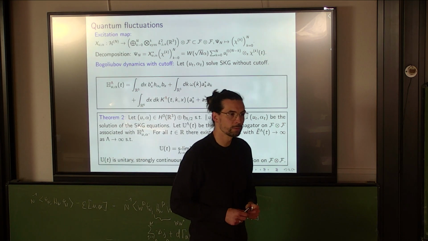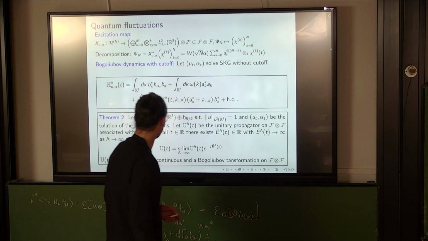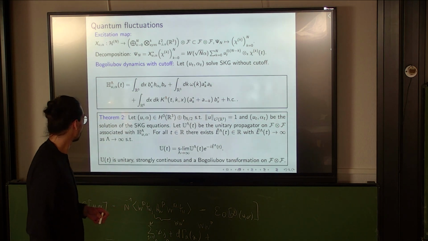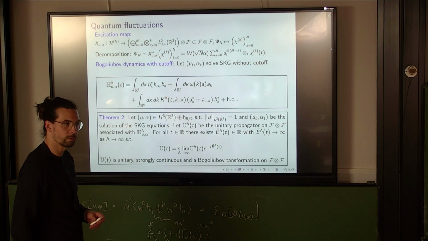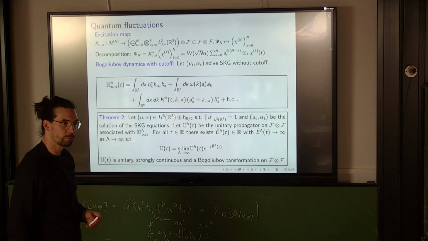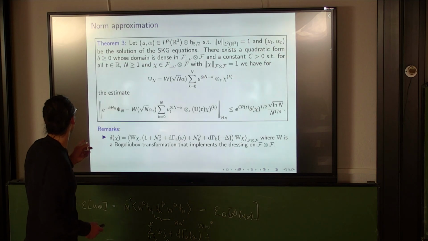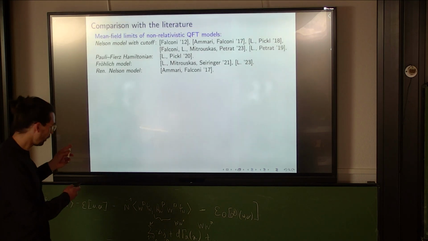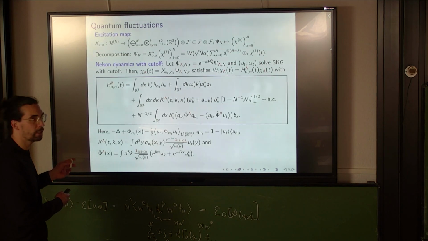Jackie? The purpose of embedding the particle into a Fock space was to get the norm approximation, but if you just do theorem 1, you don't really need to do that, right? No. I mean, if I don't have theorem 1, one can directly do this on the n particle space.